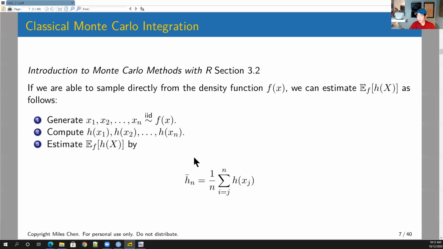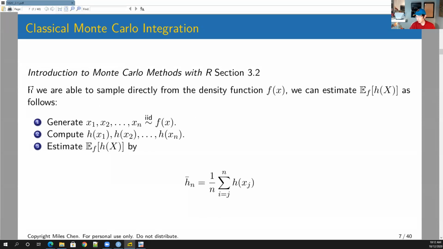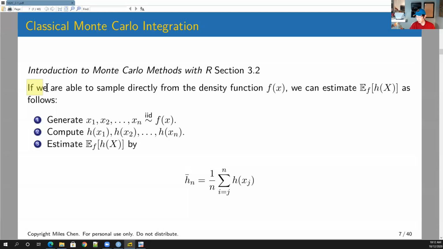So anyway, the steps to summarize classical Monte Carlo integration are this. It's a bit of a big if, but if we are able to sample directly from this density function f, then we can estimate this value as follows. Generate a whole bunch of x values randomly from f of x.